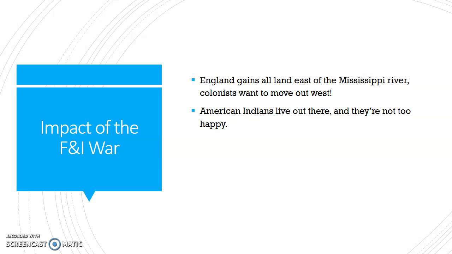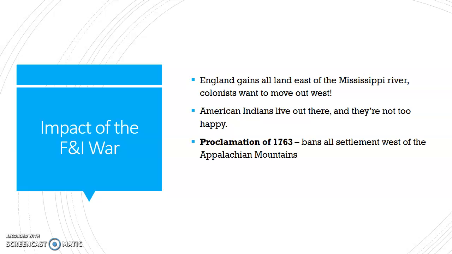The French kind of left them alone, so new people in charge aren't making these people happy. So in light of this, England passes the Proclamation of 1763 that's banning all settlement west of the Appalachian Mountains. Now the colonists see this as, hey, we got all this land, why can't we go out there? And a lot of people actually ignore that. But we're starting to see people not be too happy with English rule.